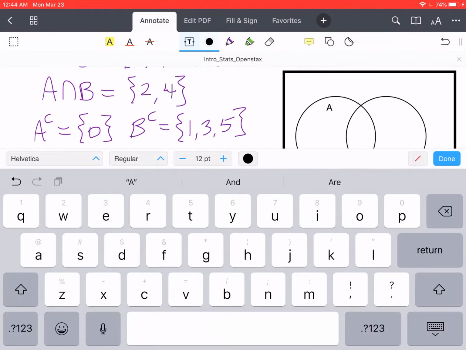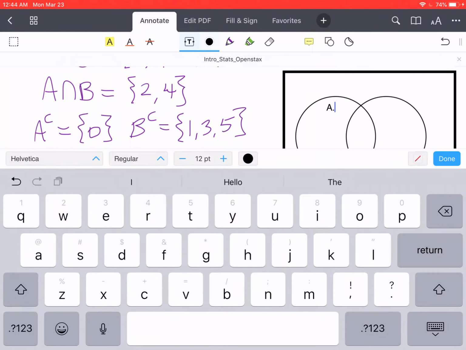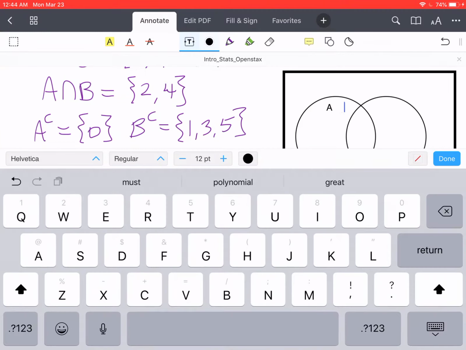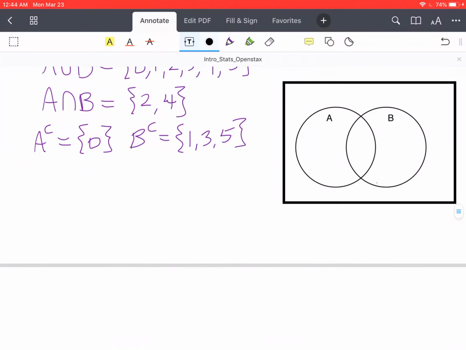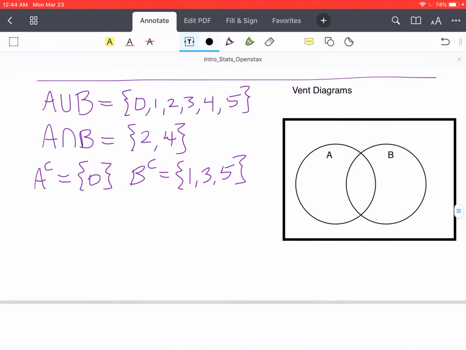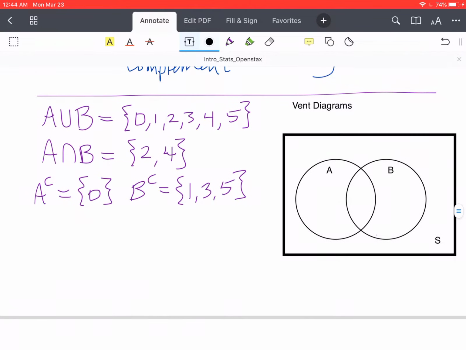So there's A, and over here, there's B. And the universal set is out here. That's our sample space, S. That would be everything that's not in A or B, but it includes A and B. They're both inside of S.